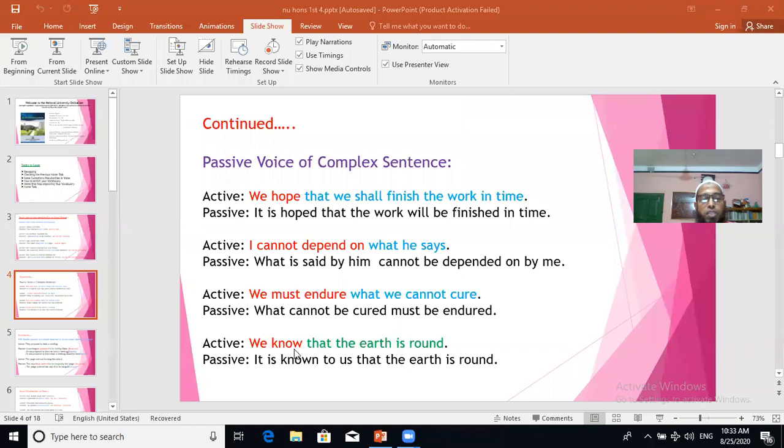So the voice change of we know is, it is known to us. Introductory, we have to take introductory. It is known to us that the earth is round. You know, this is a universal truth. But the grammatical point is that the verb is intransitive. Though this is a complex sentence with a subordinate clause, the verb is intransitive. That's why there is no voice change of this part. Is it clear?